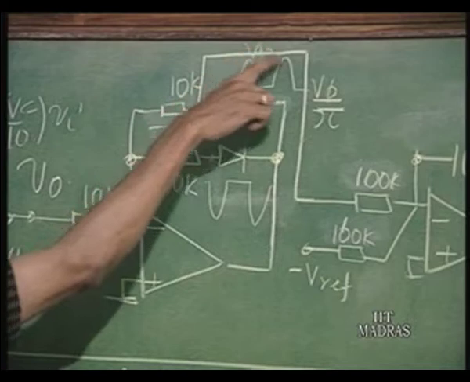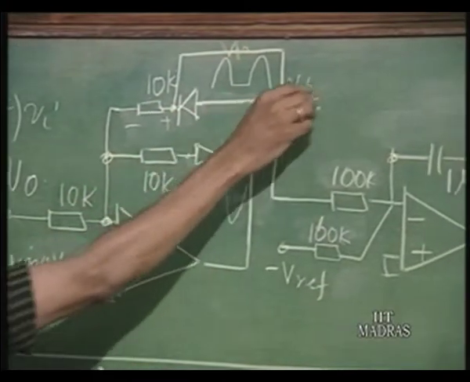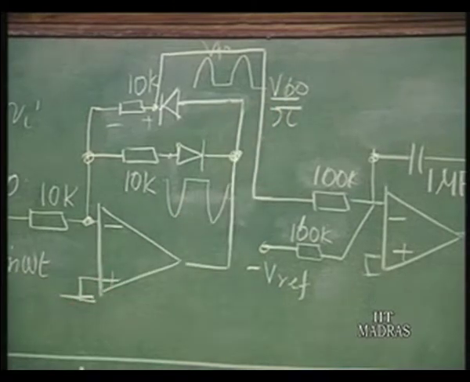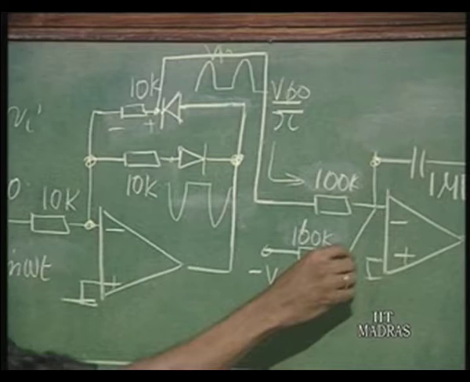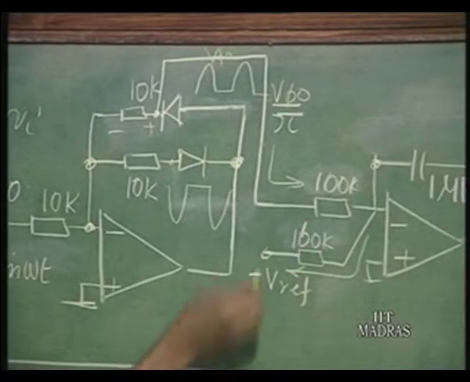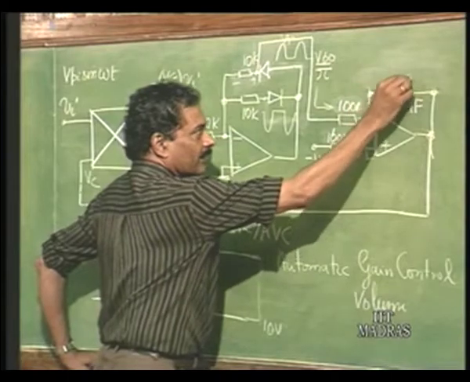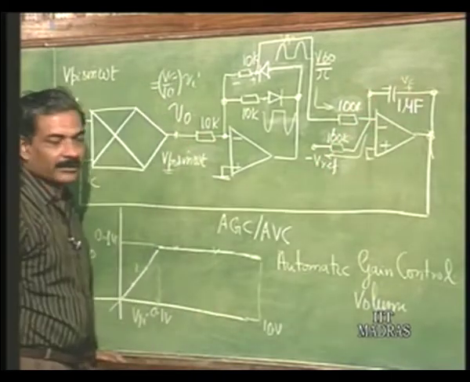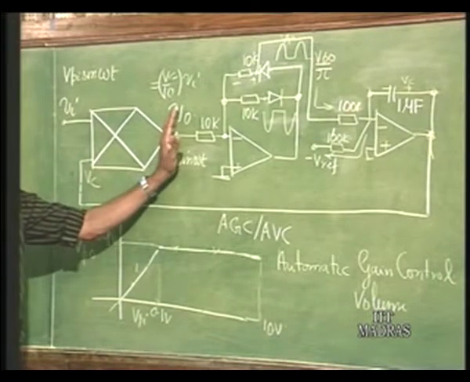This positive half is filtered, and the average of this corresponds to V P naught divided by pi, and that is injecting a current in this direction. The same current, DC current, is withdrawn here, so that this voltage remains constant at V C. So, that is the required V C in order to maintain the output voltage constant.